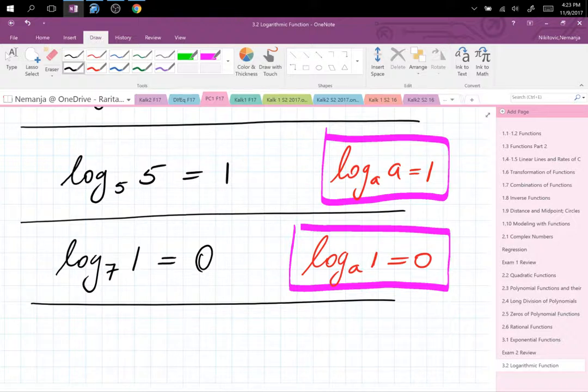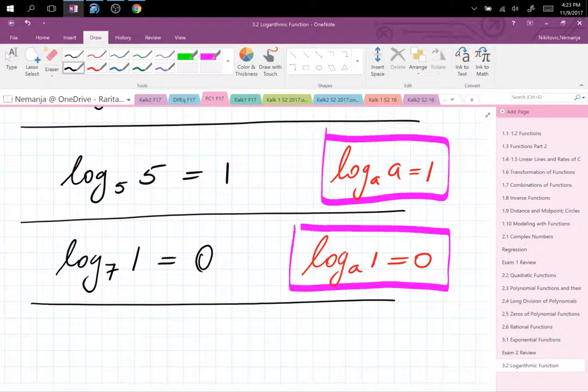So I'm going to write 4 formulas so far. We'll have more. Conversion: A raised to B is C converts into log base A of C is B. That's the conversion.